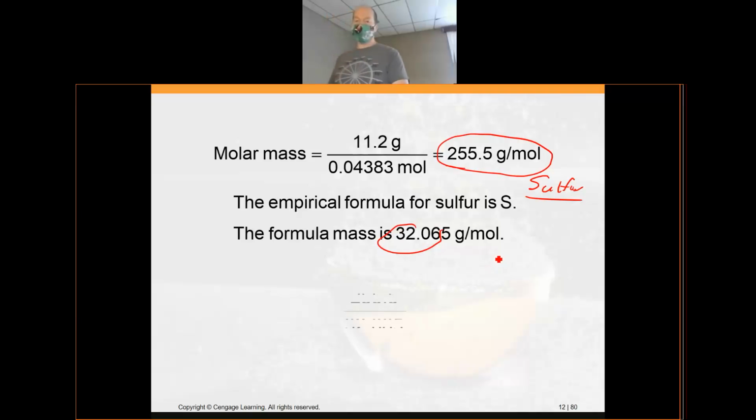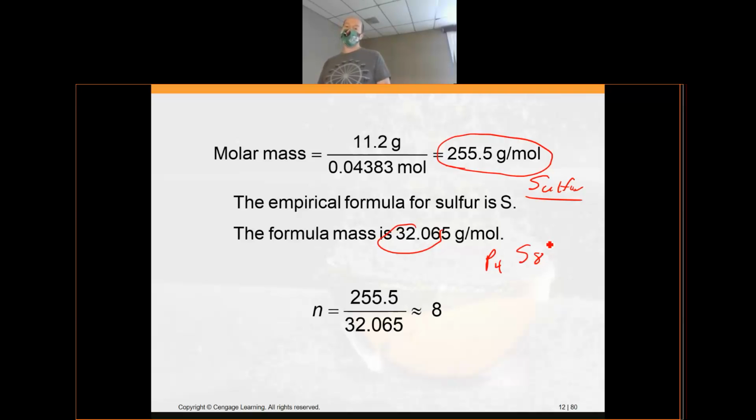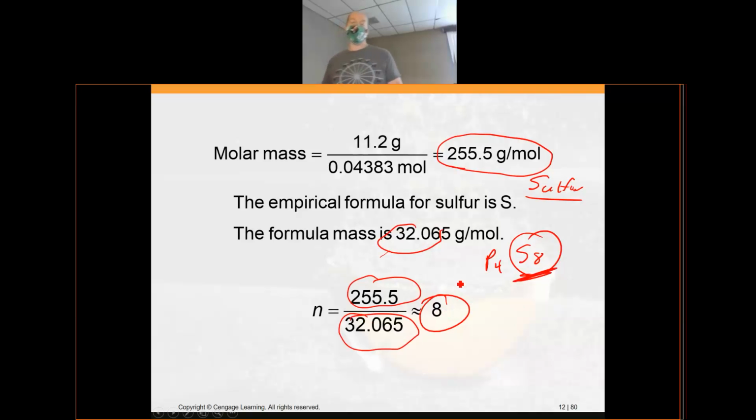Remember that sulfur is not a monatomic element. When we had our diatomic elements that you had to memorize, there were 7 of them. You had phosphorus, that was P4. You had sulfur, that was S8. And so this sulfur, when you take your molar mass that you calculated to be 255.5 divided by the 32, you now see that there are 8 sulfurs in that molecule.